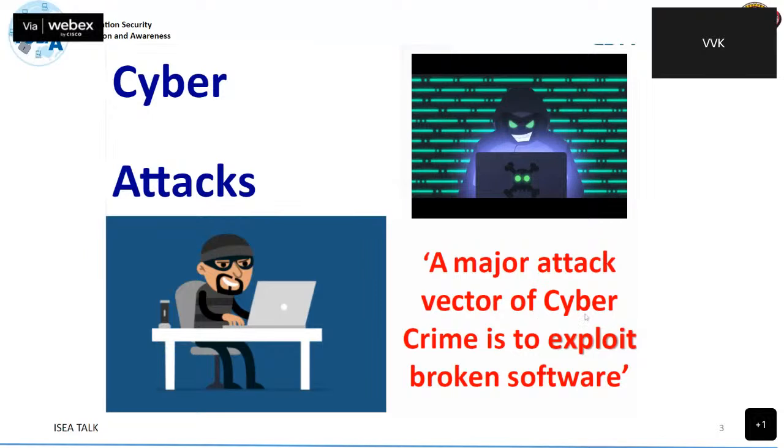So, what is a cyber attack? By now, you must have already understood because today morning, too, some sessions have happened. So, a major attack vector of cybercrime is to exploit broken software. So, in cyber attacks, normally there are some vulnerabilities in software or in hardware which you are using, and then they try to exploit that to inject their attacks.